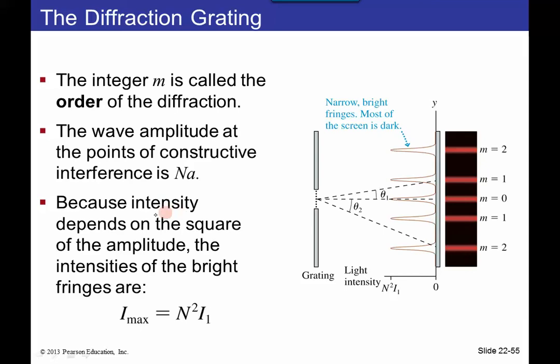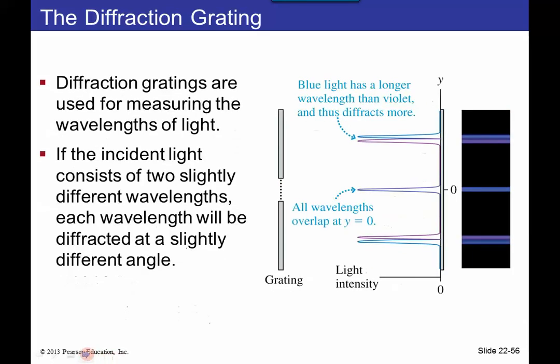Because the intensity depends on the square of the amplitude, the intensity of the bright spots is N squared times the intensity of one opening. With this, we can find things like the wavelength of light. If we want to find the wavelength of light, we can use a diffraction grating and apply the equations that we know.